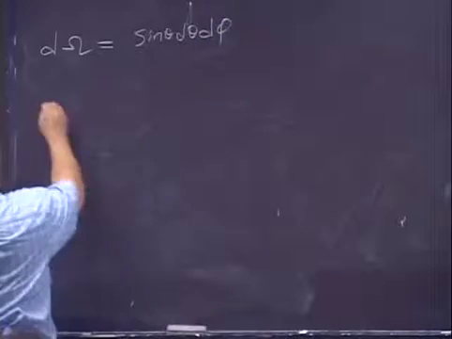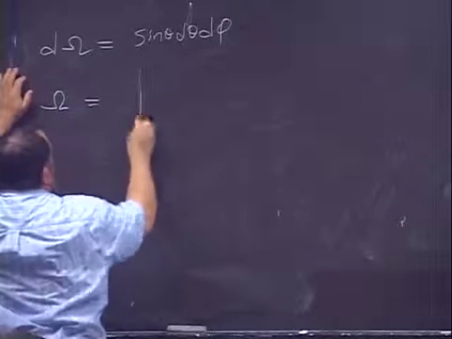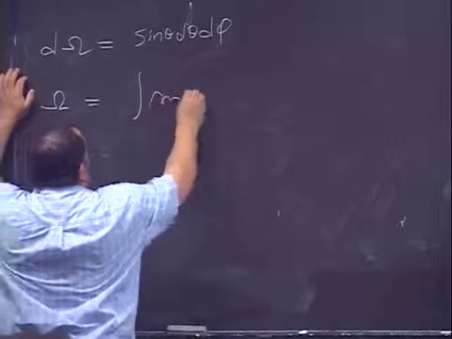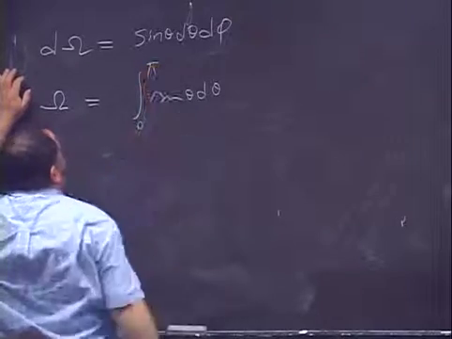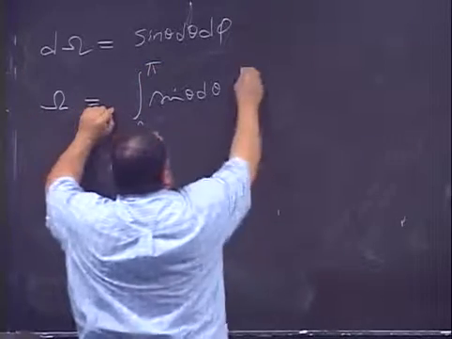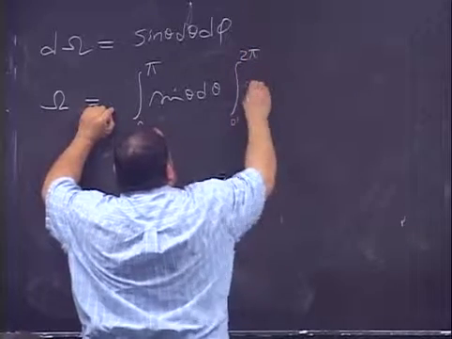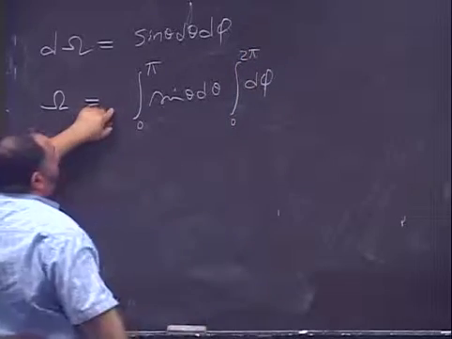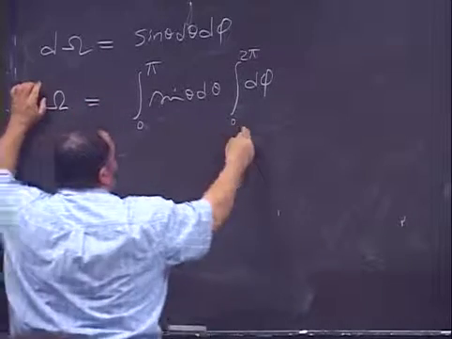Now I want to get omega of the whole space. So I should integrate sine theta d theta, where theta goes from 0 to pi. And I should integrate from 0 to 2 pi for delta phi.